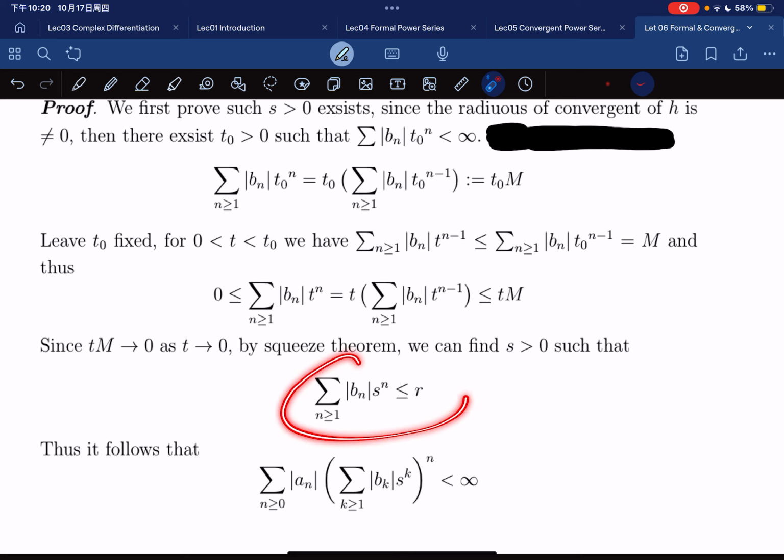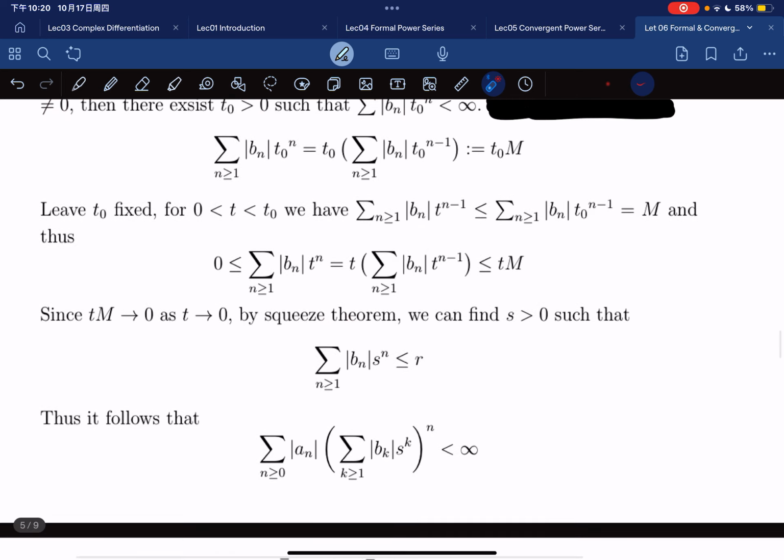So such s exists, which means that it follows that this converges, because this whole quantity is less than or equal to r. So the norm of x is less than or equal to r.